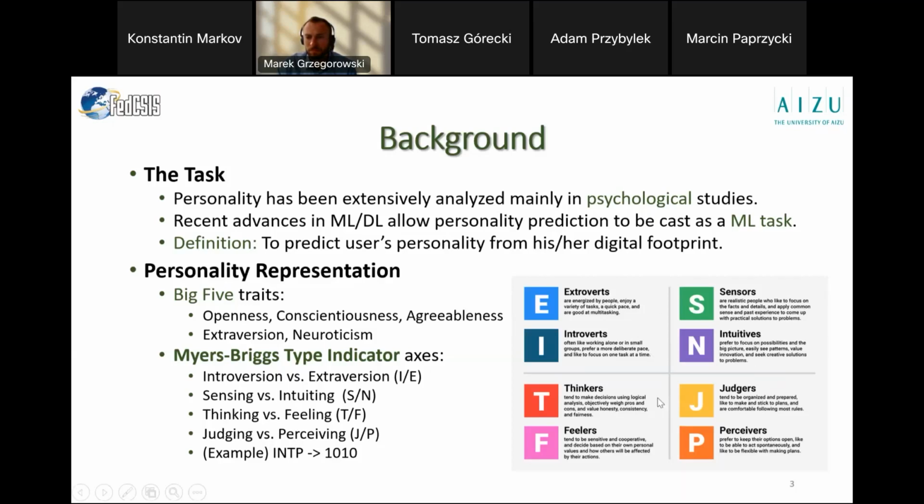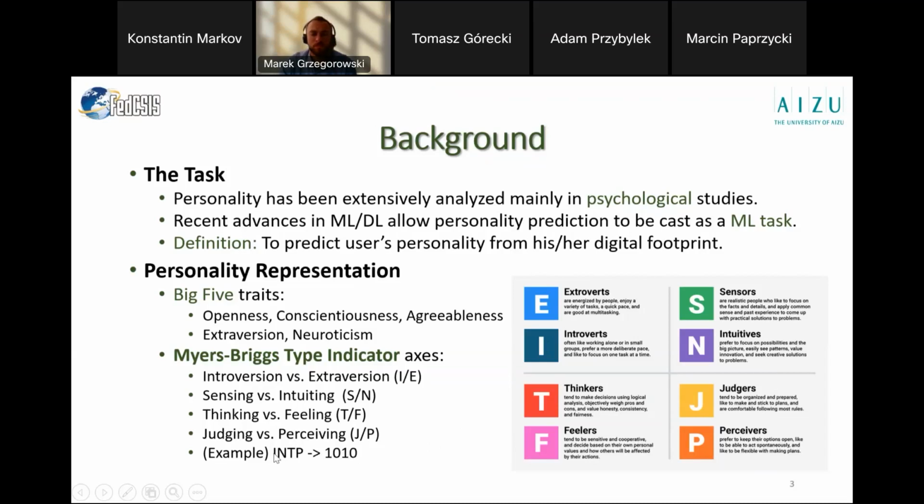Here you can see some definitions of what type of people are introverts, extroverts, thinkers, feelers, and so on. So the personality of a person is represented by a 4-digit binary vector, like this.